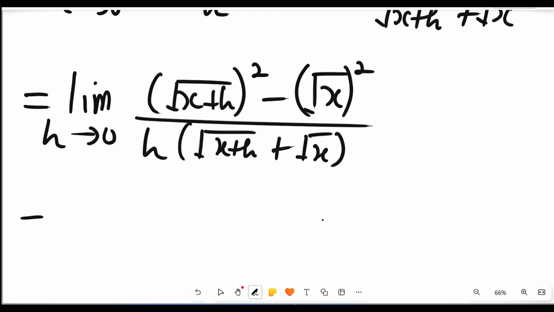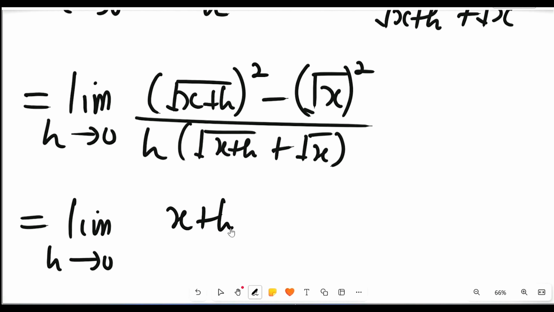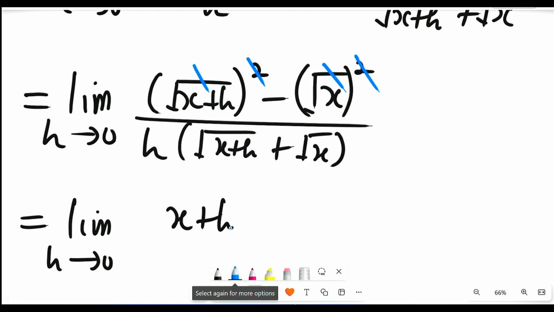So the numerator we are going to get, let's bring our limit as h approaches 0. In the numerator we'll be getting x plus h, because when you consider this one, the square cancels the square root, the square here also cancels the square root.